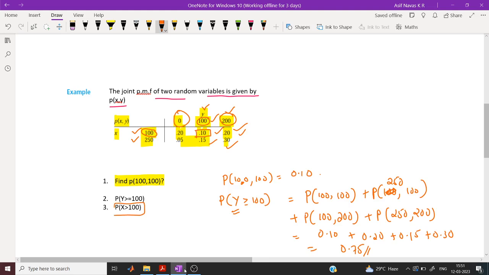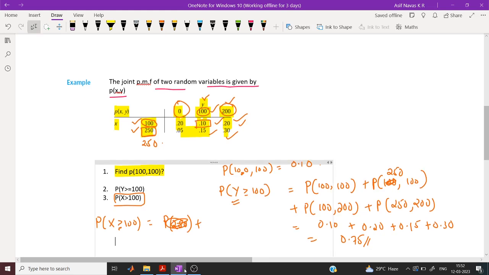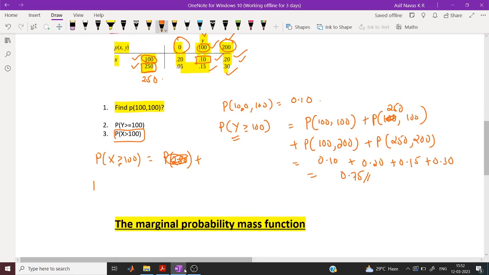Now there is another question, the probability of X strictly greater than 100. Strictly greater than 100 means it will take only the value 250. So that is p of 250, 0, since Y can take any value, plus p of 250, 100 plus p of 250, 200.